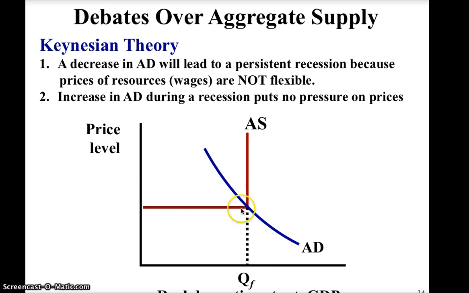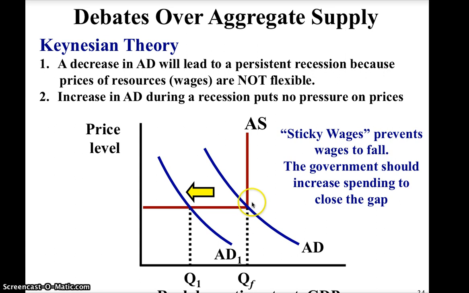It may be the 1920s. The factories are in full production. Everybody's producing a lot of goods. And then there's a massive decrease in aggregate demand. The stock market crashes. People lose jobs. They stop spending money. Businesses stop investing, and aggregate demand falls significantly.